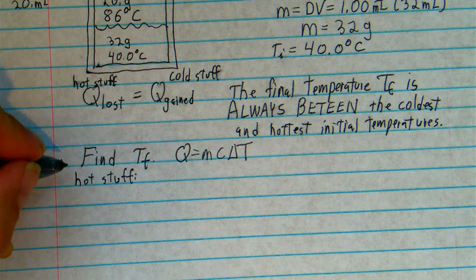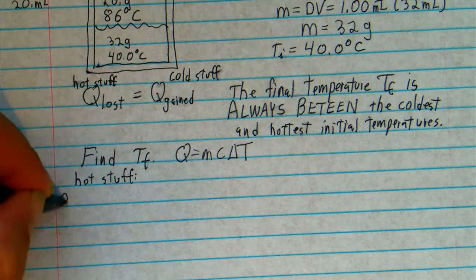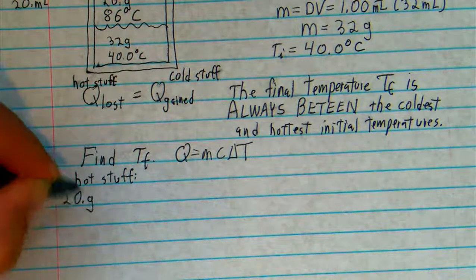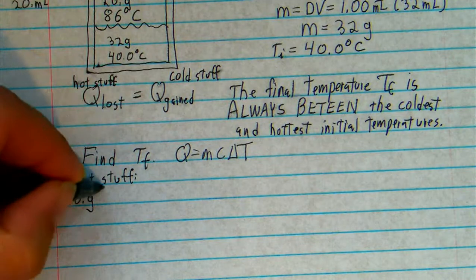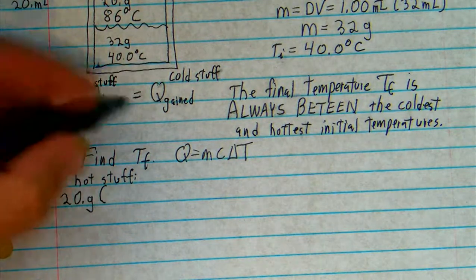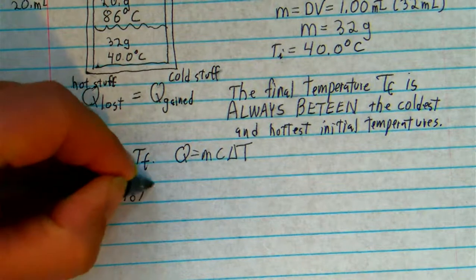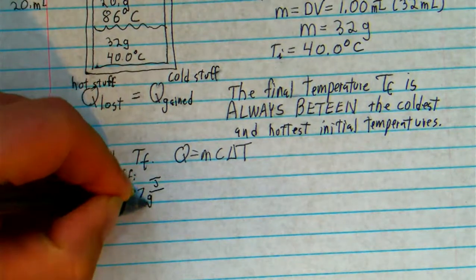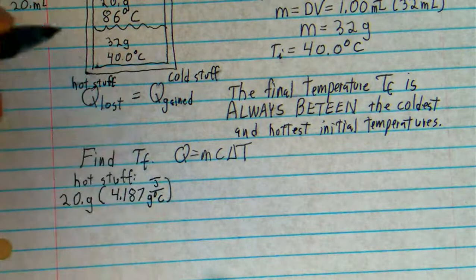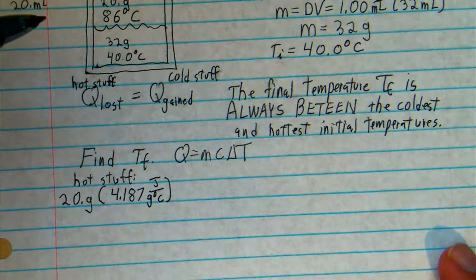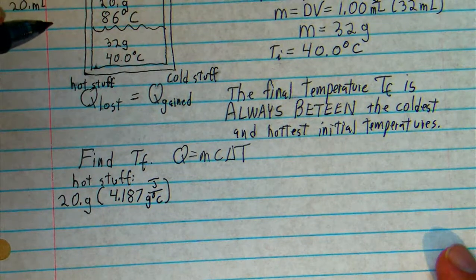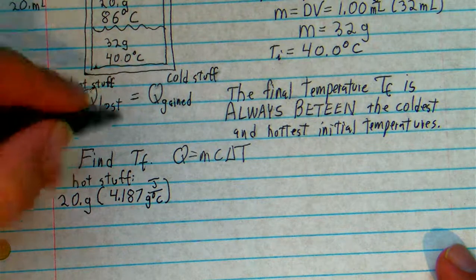the mass is 20 grams. The specific heat of liquid water is 4.187 joules per gram per degree C. So we're using a double-paged reference sheet from the internet.